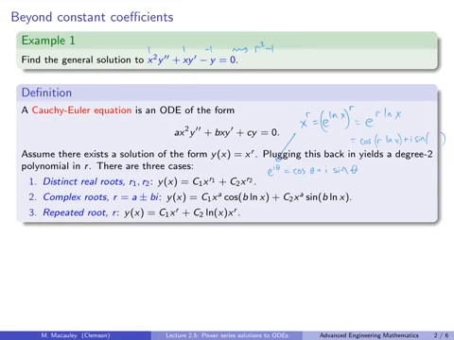Finally, in the case when there's a repeated root, you get something a little different than just sticking a t in front. It's similar. y of x equals c1 x to the r plus c2 x to the r times the natural log of x. And another way to see this is you can do a variable substitution where t equals natural log of x, which actually turns this ODE into one with constant coefficients, and that's where this natural log of x comes from.